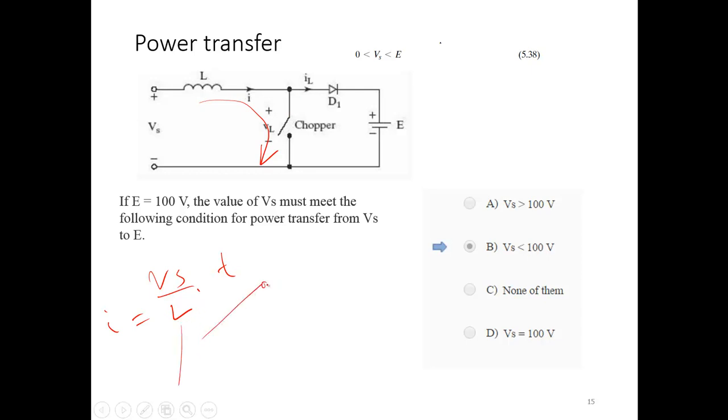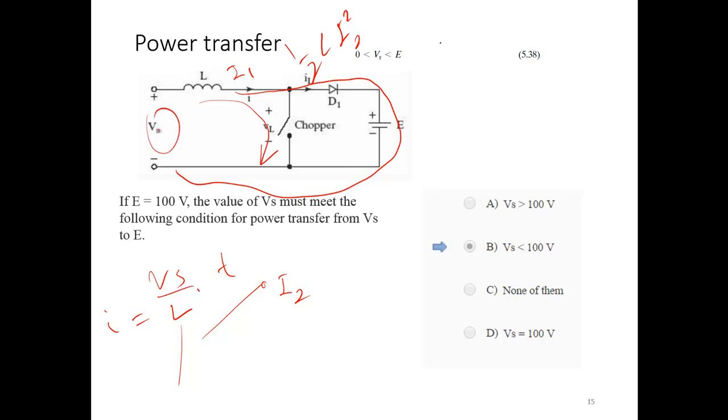Suppose it rises to the current I1 or I2, it reaches I2. Then when you open the switch, the inductor has some energy, half L I2 squared. This energy has to go someplace. It's going to induce a voltage and force the energy to go from that battery Vs to the E. The question asks you, what is the condition for that?